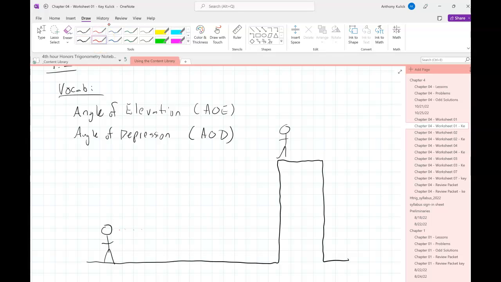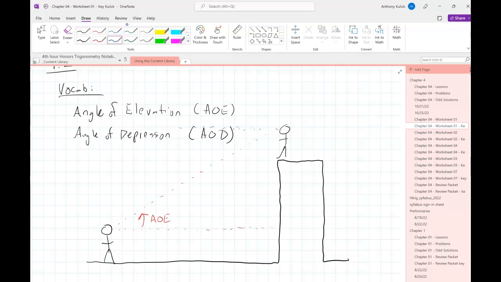So if this person looks straight ahead, this is like their normal line of sight. Agreed? If that person looks up at the person above, that would be your angle of elevation. Everybody agree with that? Okay. Now, if the person up on the building looks straight ahead, this would be like their line of sight, right?